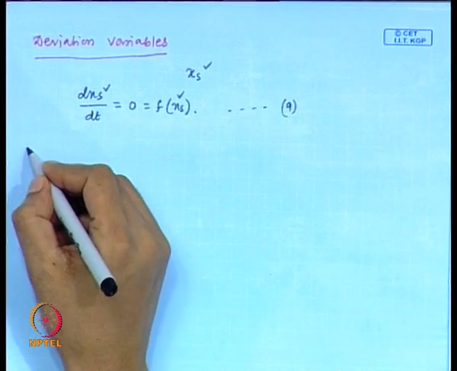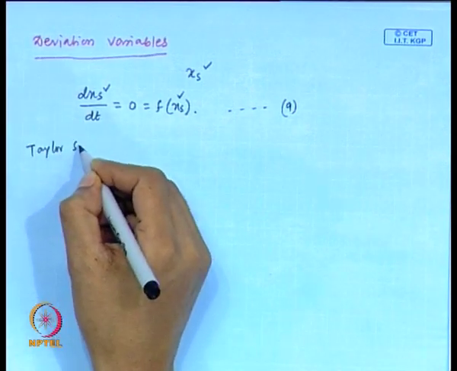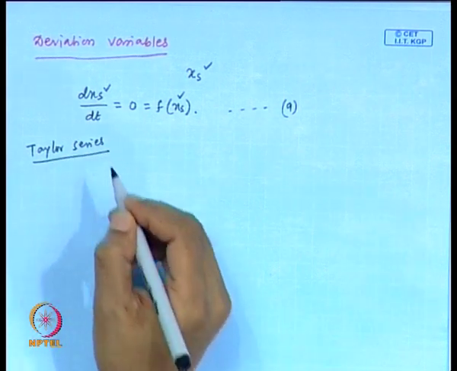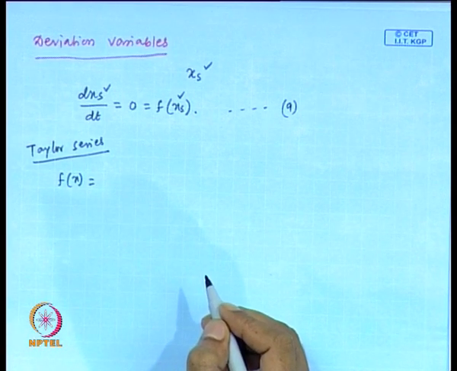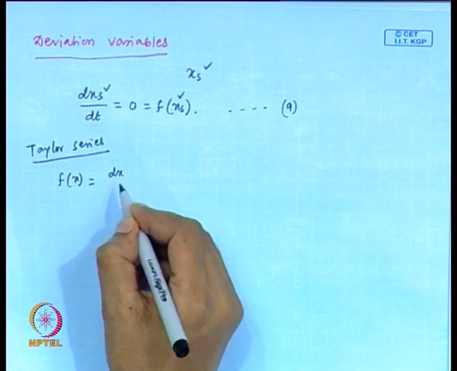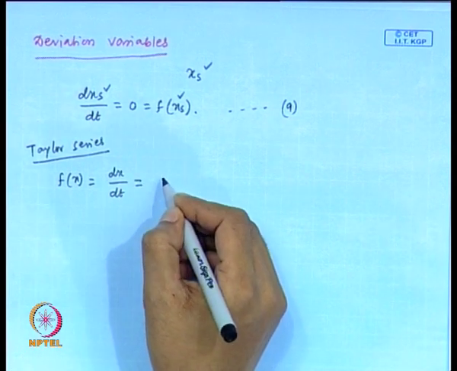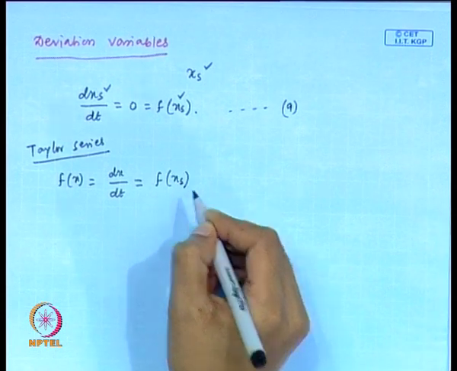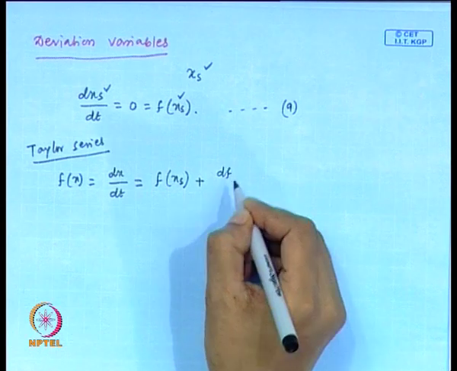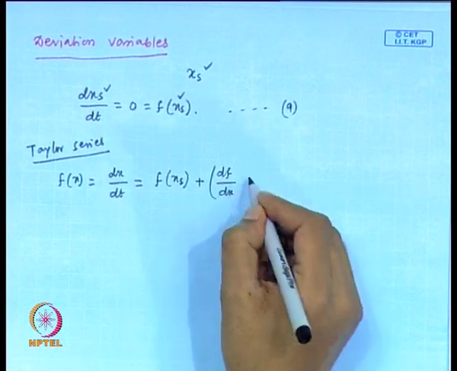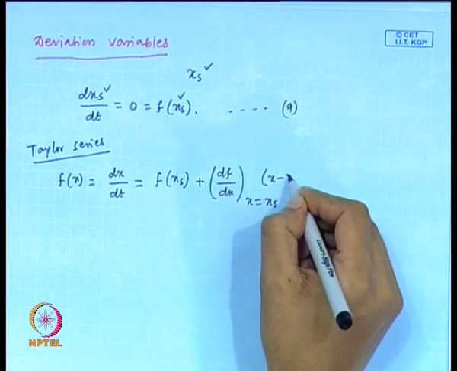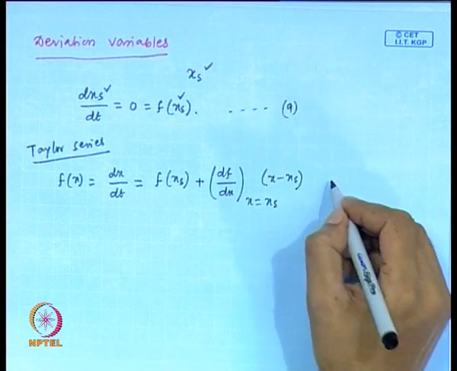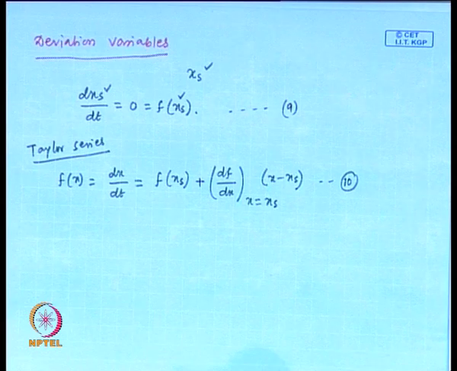Now, according to Taylor series expansion, we can write f(x) just by replacing x naught by xs: dx dt equals f(xs) plus df dx at x equals xs times (x minus xs). This is the linearization of f(x) we got earlier.